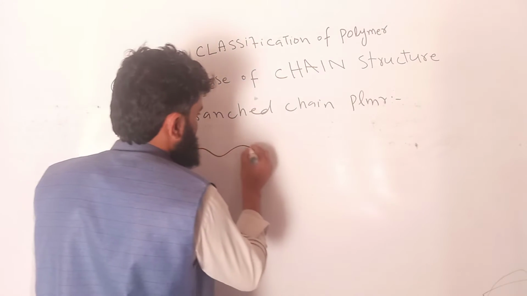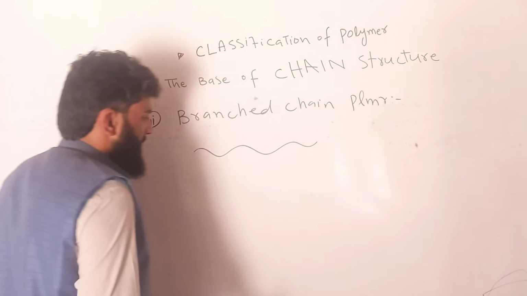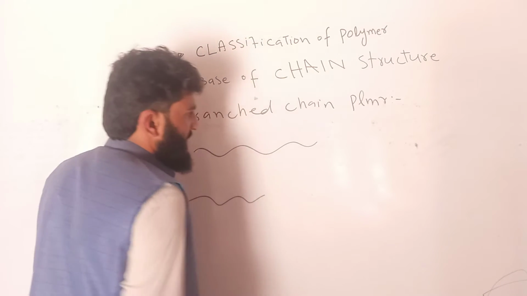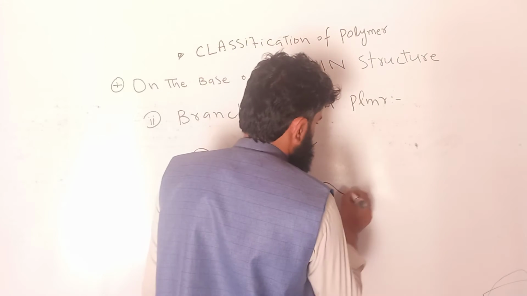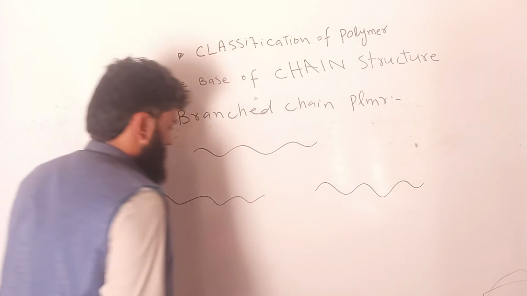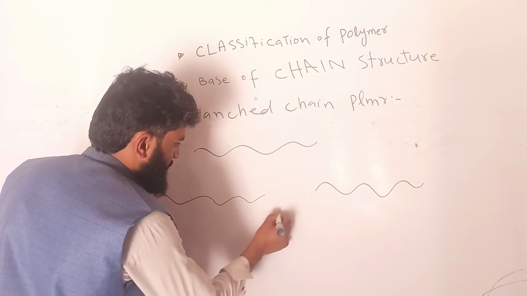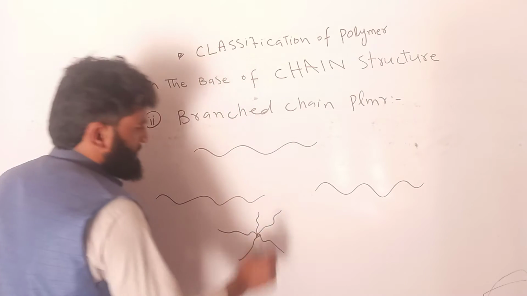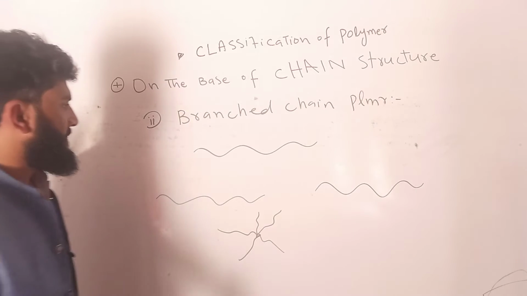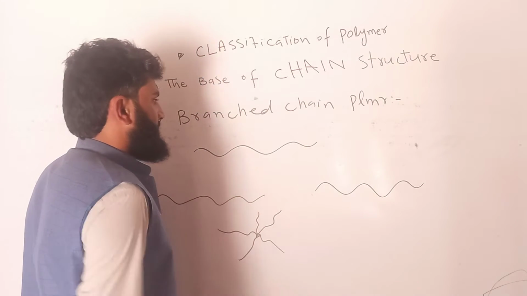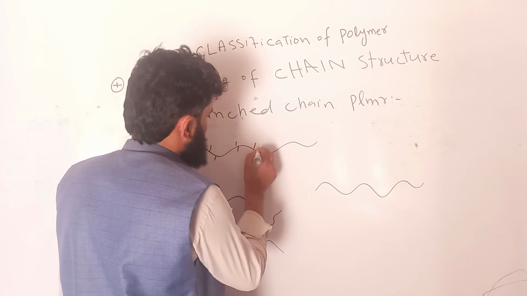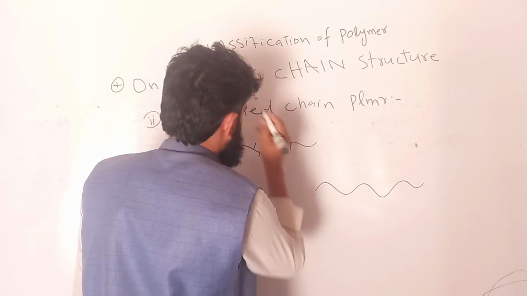this is a long chain, clear? And this is also a long chain, and this is also just like a chain, clear? So here, if there are such types of branches, clear?